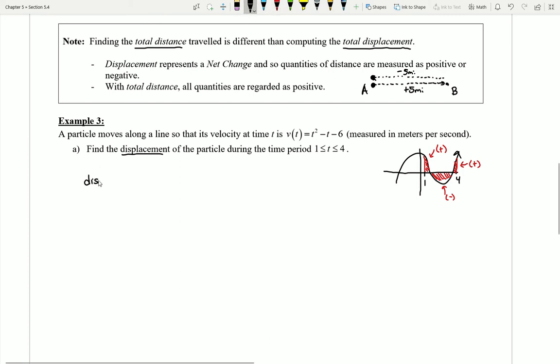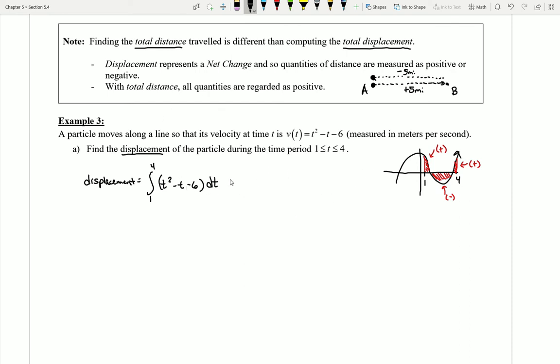It makes part A really simple. So to find the displacement, I'm just going to integrate my change in position equation. I'm going to integrate that velocity from 1 to 4. This will take into account all the area that's positive and all the area that's negative, and it'll cancel those out, just like our positive 5 and our negative 5 up here were canceling out. So this will indeed measure displacement.